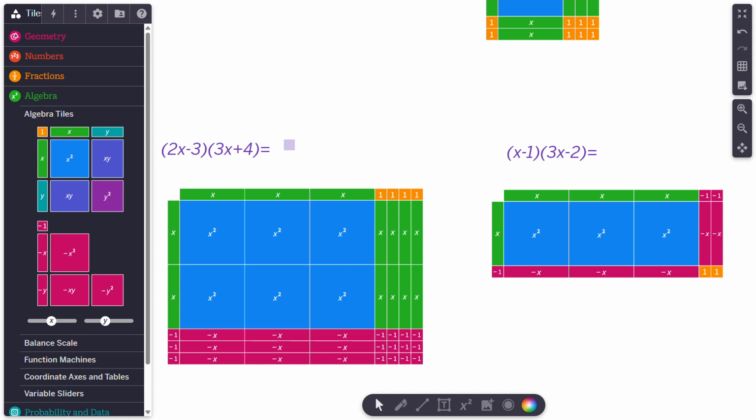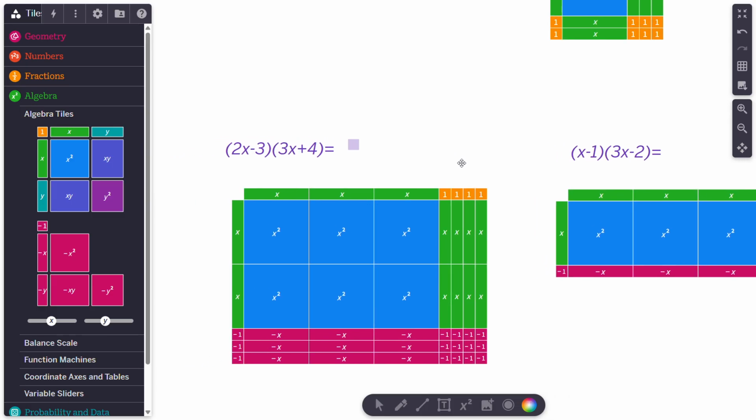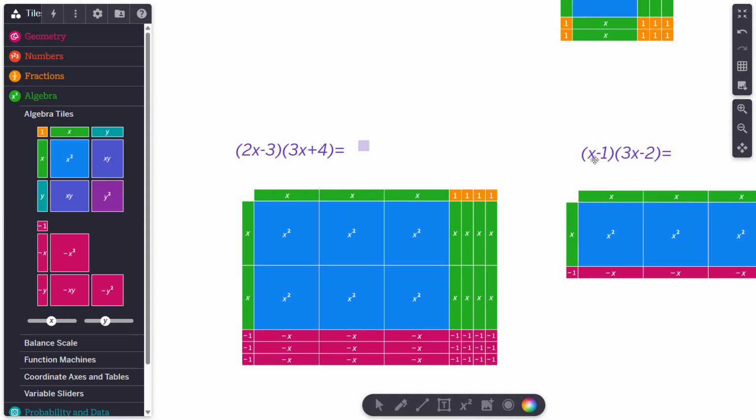The 2x minus 3 is being represented right on this side here. We have 2 x's, and then minus 1, 3 times. And up here I have the 3x plus 4.